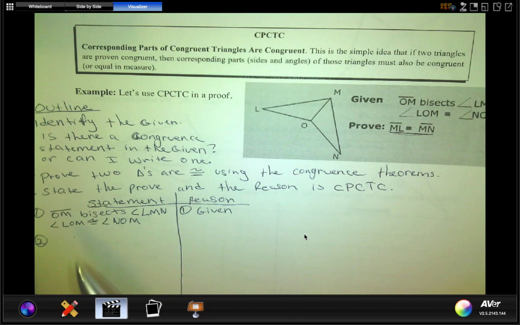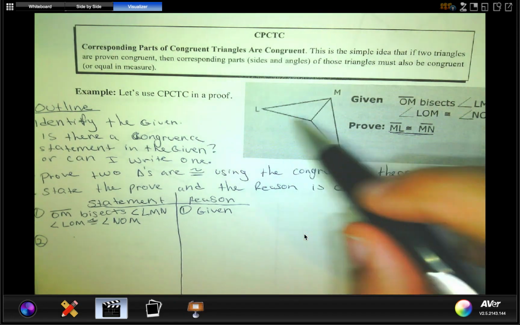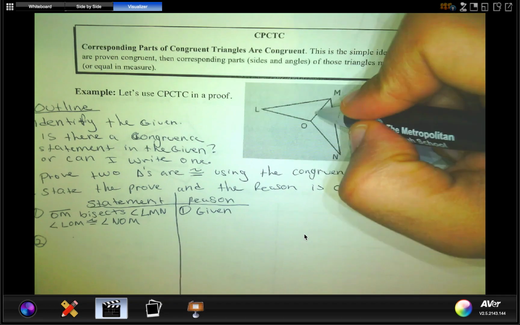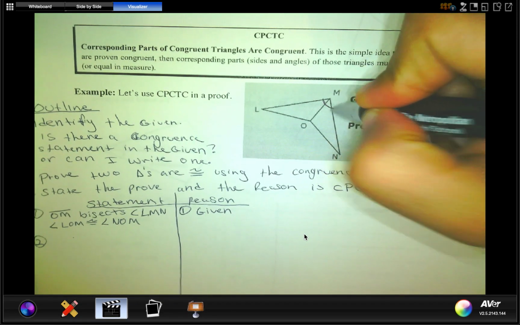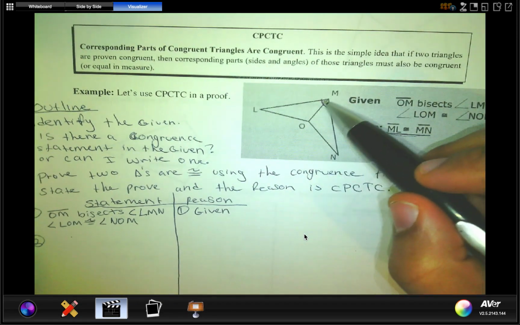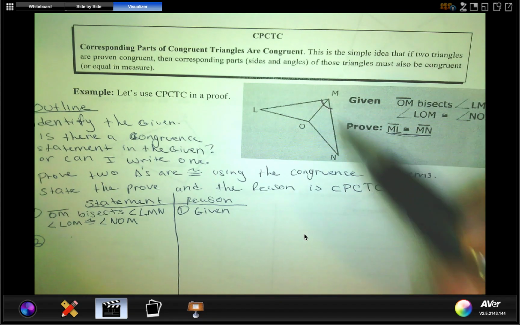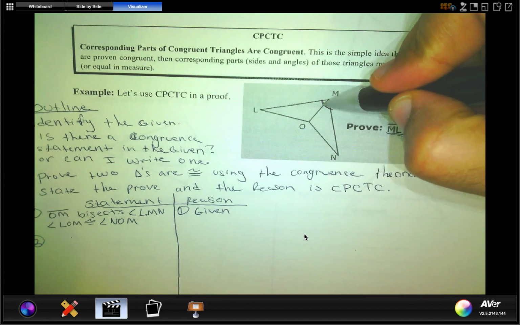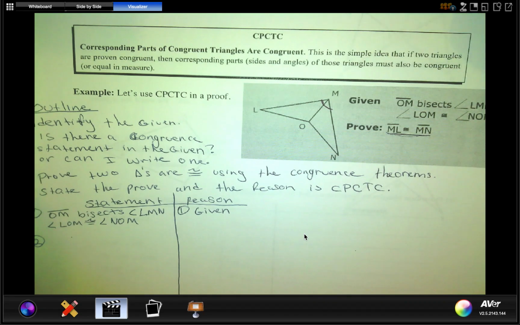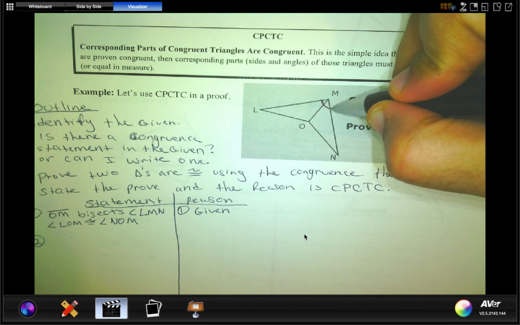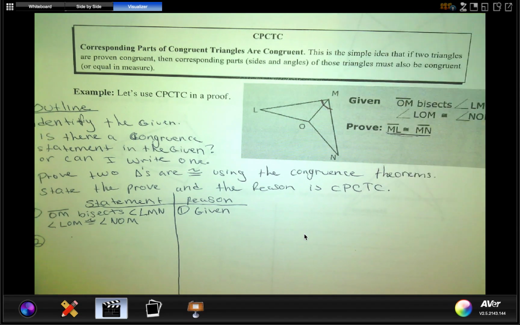That's check, sure, but this time they gave me two givens. So what does OM bisects angle LMN mean? Well, LMN is over here. And if it's saying that OM bisects this angle, then my congruence statement is that these two angles up here are going to be congruent.